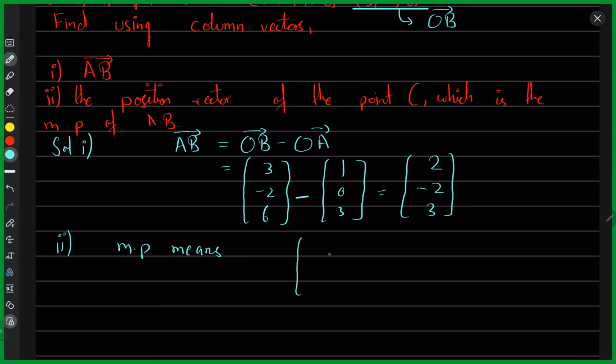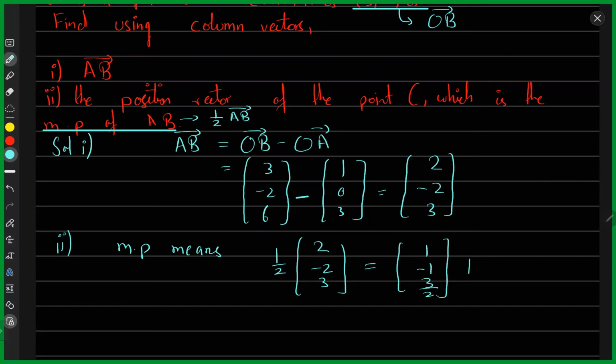So midpoint means I am going to do 1 by 2, 2, -2, and 3. Midpoint of AB would basically mean 1 by 2, the AB vector, okay? And this would give me 1, -1, and then 3 by 2.